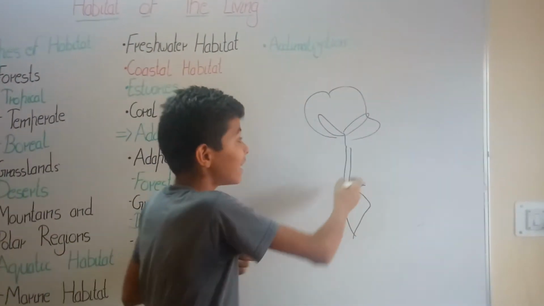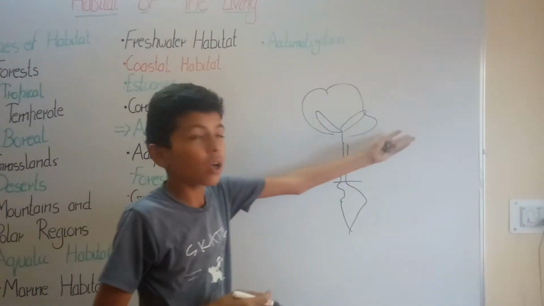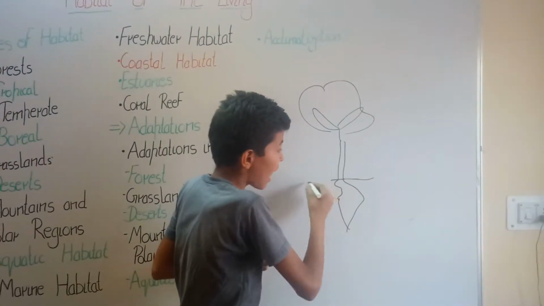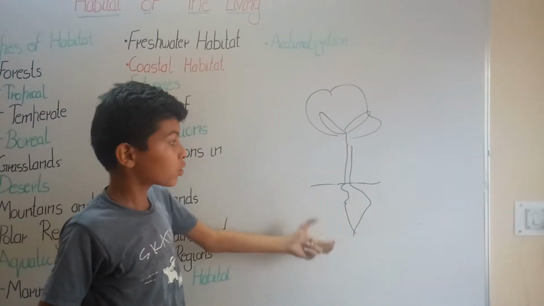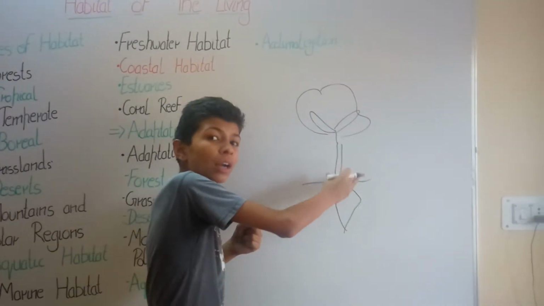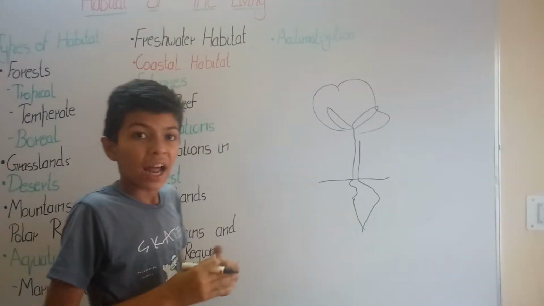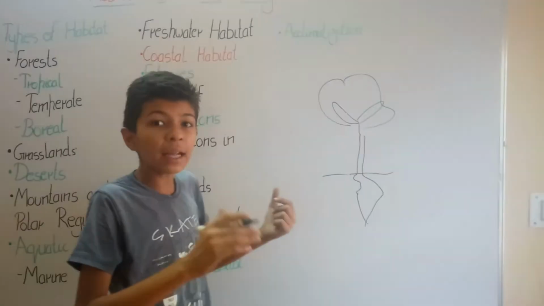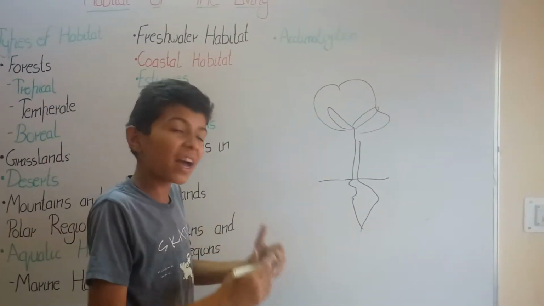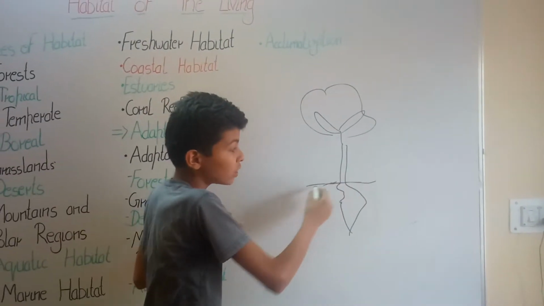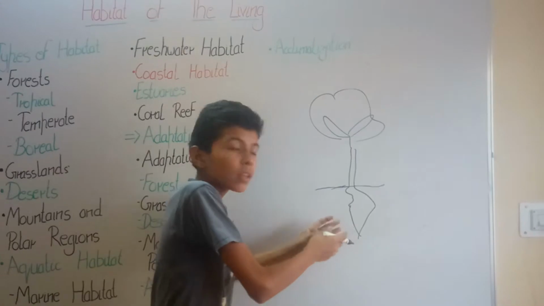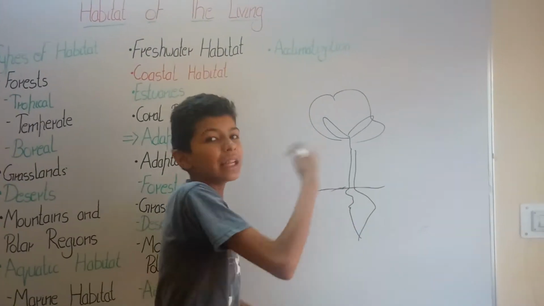That's why it cannot be broken by strong winds, and the roots are very strong. So in strong winds, it does not get uprooted. And if by chance a fire occurs, which we call grassland fires, the roots are not burnt by the fires and they regerminate easily.